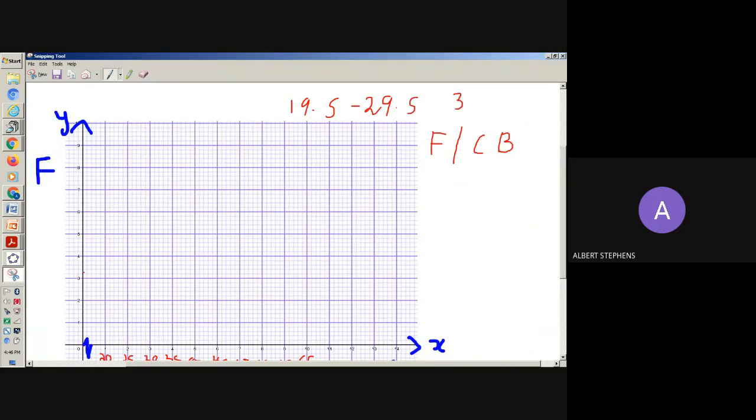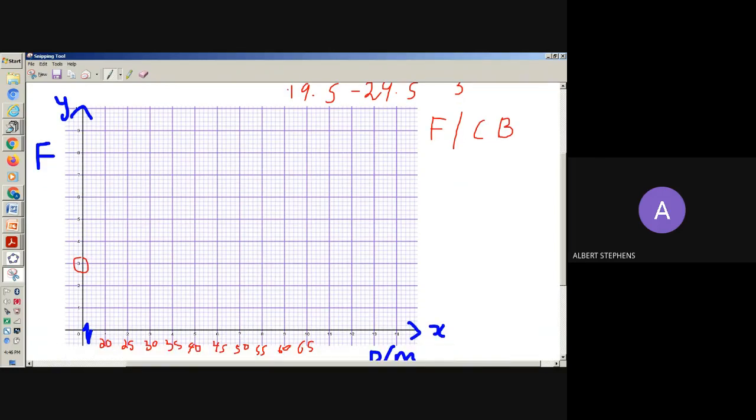Now, would you agree with me that each small line has to be equal to 1? Because after 20, you're going to have 21, 22, 23, 24, then 25. Agree? So each small line is 1. So let me ask a question: where's 19 on the x-axis?